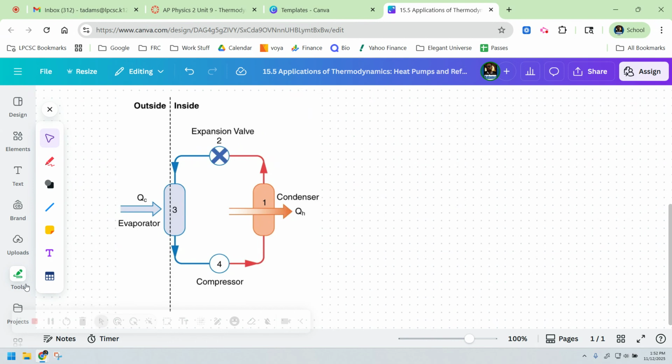Because the temperature of the gas is higher than the temperature in the room, the heat transfer from the gas to the room occurs when the gas condenses to a liquid. The working fluid is then cooled back through its expansion valve and the outdoor evaporator.